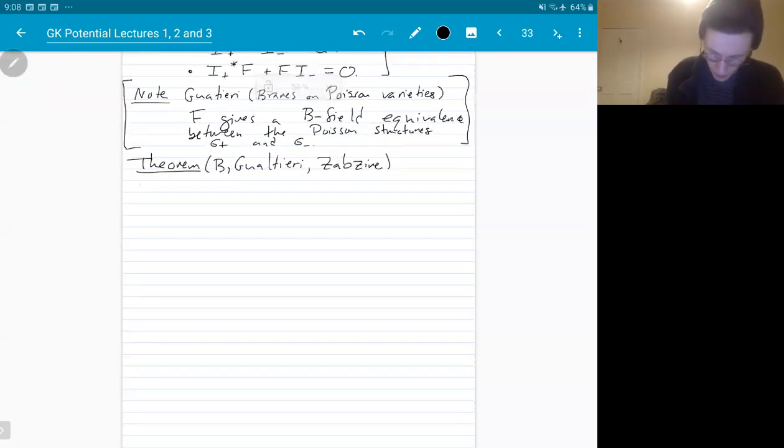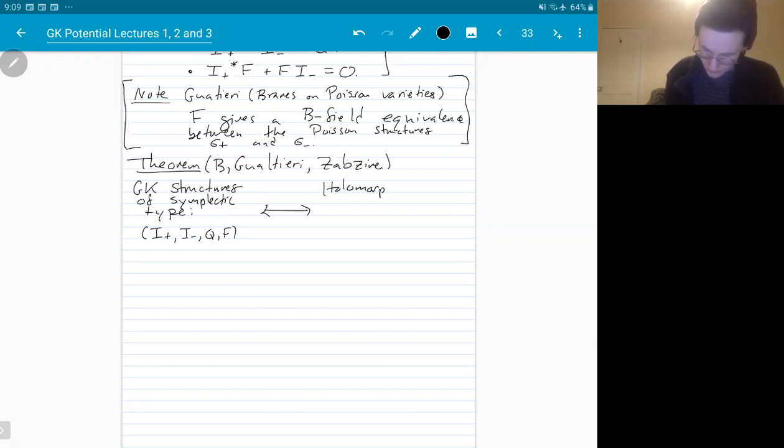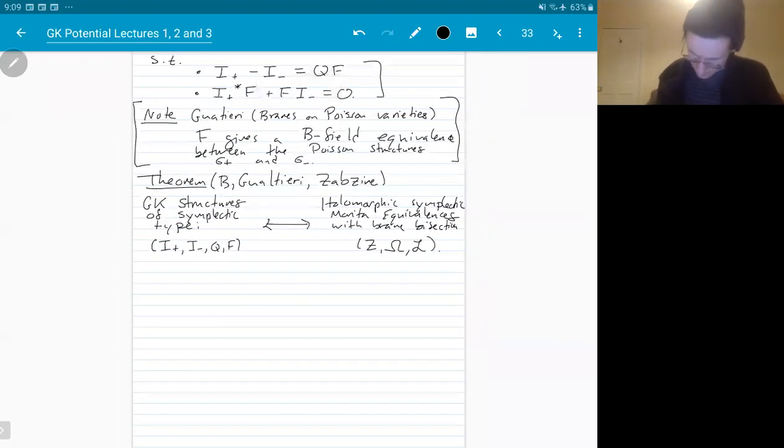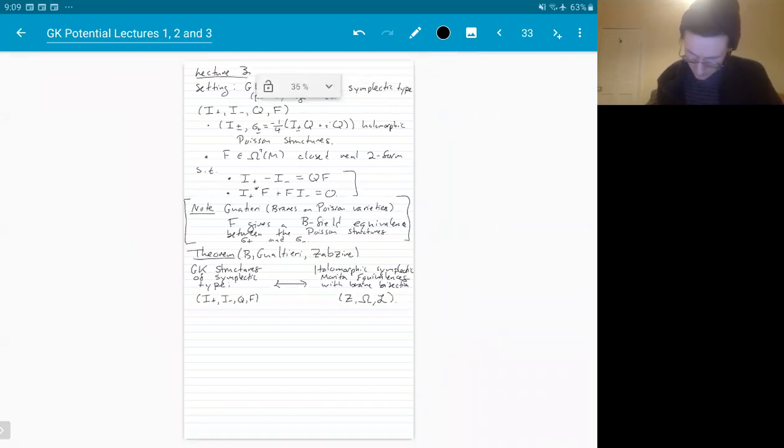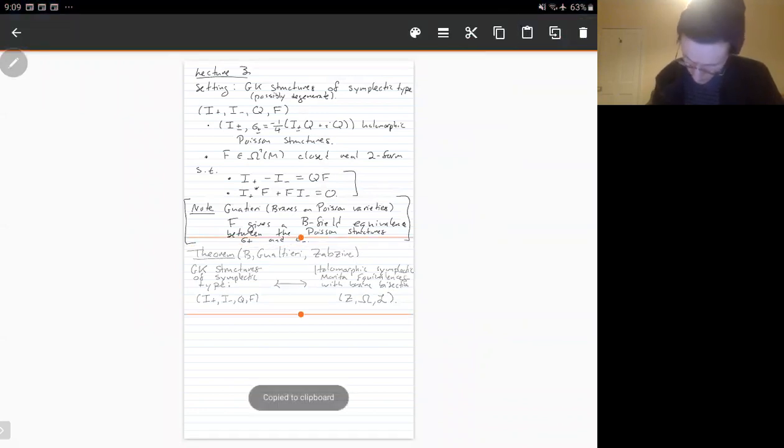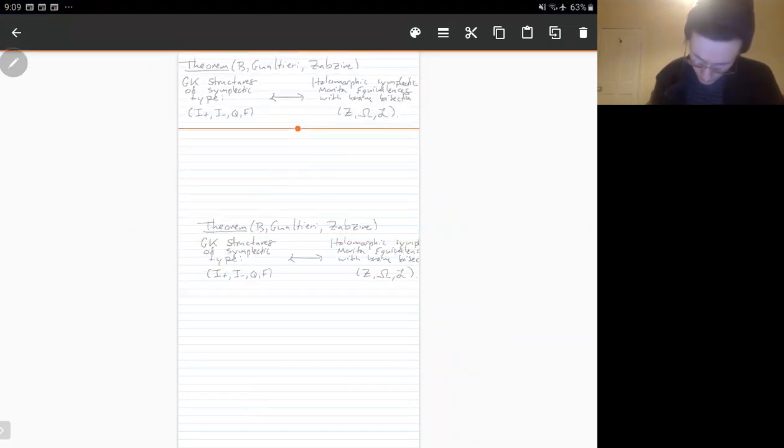The theorem says that we have a bijection, or a correspondence, between GK structures of symplectic type and holomorphic symplectic Morita equivalences with brane bisection. Actually, I'm going to put this on the next page and draw a picture, just to remind you of the definition of a Morita equivalence.